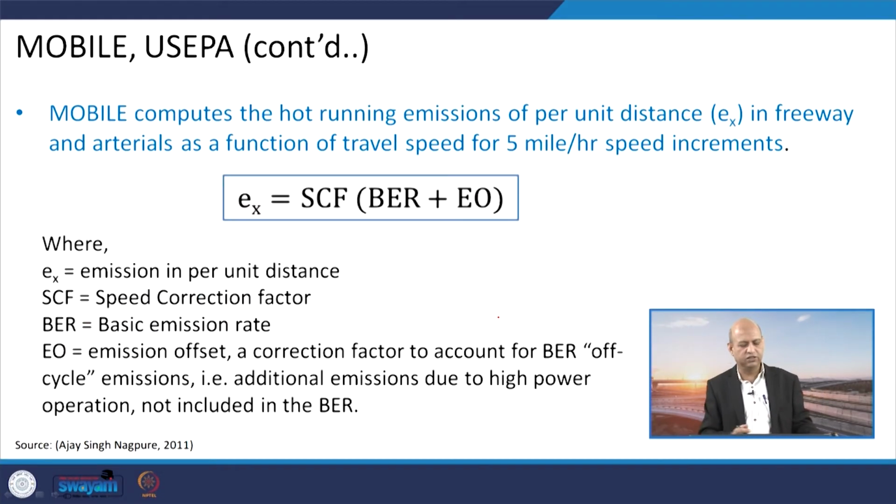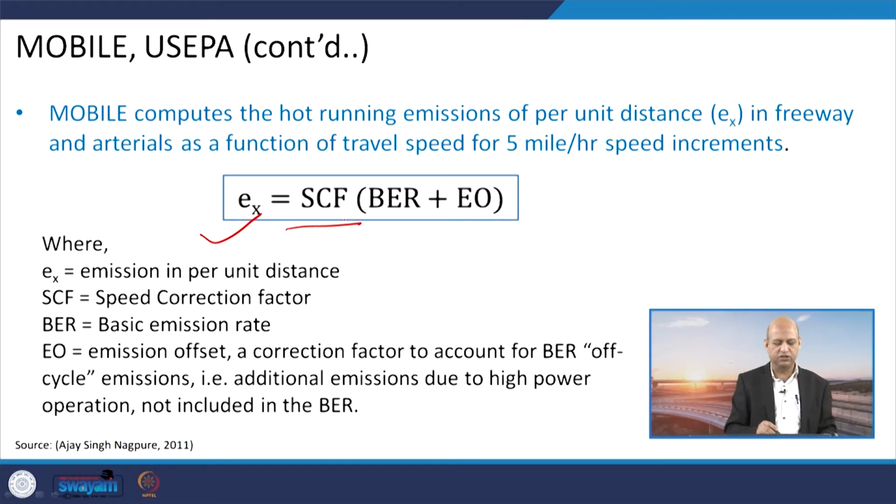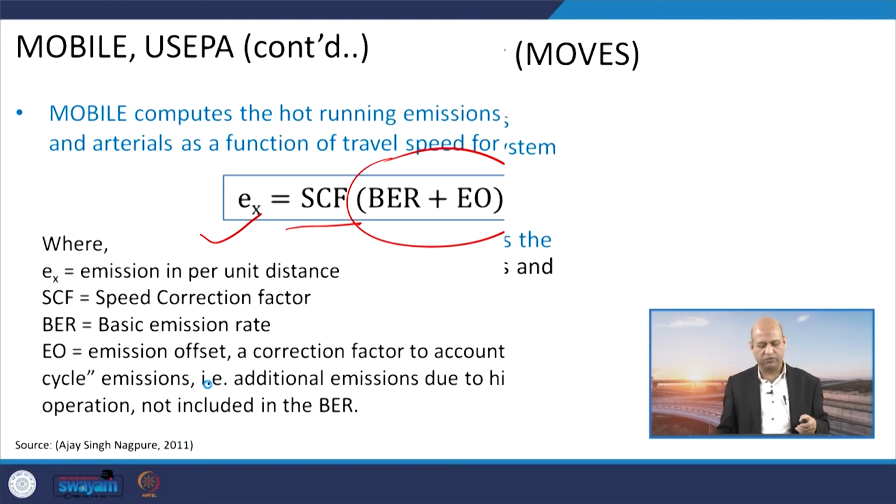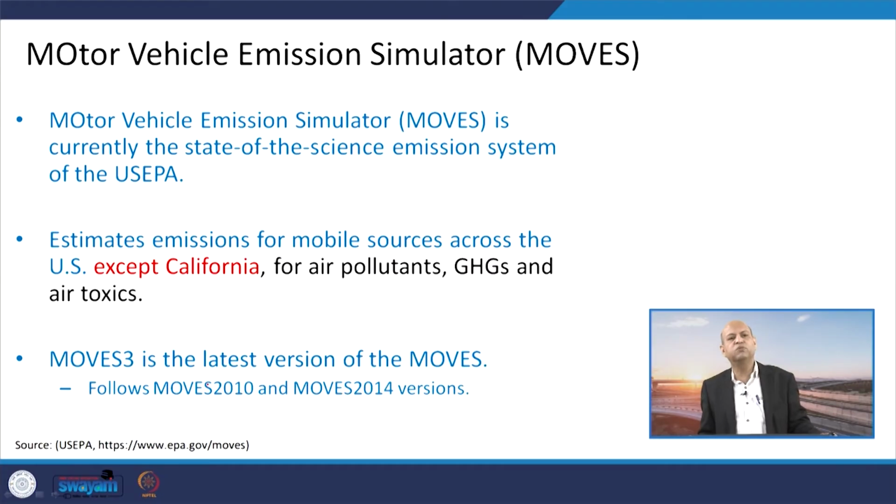This is the basic equation: emissions in unit per unit distance equal SCF, the speed correction factor, multiplied by BER plus EO. BER is the basic emission rate, and EO is the emission offset because of certain factors taken into account.